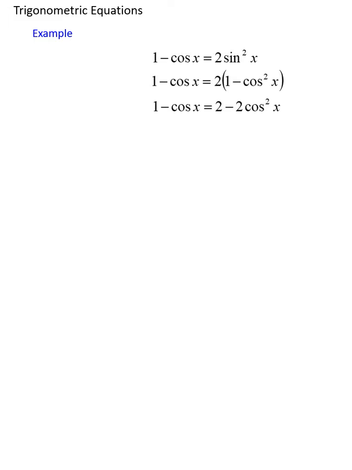So here's what I'm going to do. I'm going to set my equation equal to 0. And you may want to pause the video here and confirm the algebra. But what I did is I added 2 cosine squared x to both sides, and I subtracted 2 from both sides, and rearranged the terms.